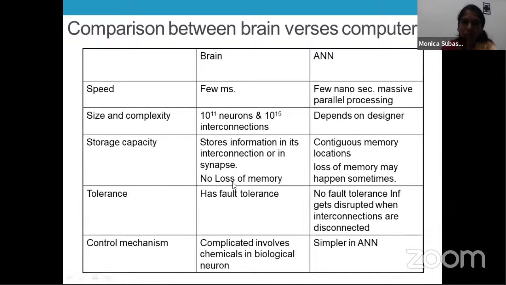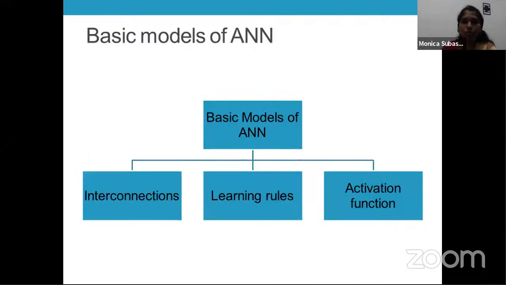As human beings, we have loss of memory, but in an artificial neural network we don't, because we save all the information. Fault tolerance: the brain has none, and it is complicated. Suppose you think too much, it will affect your entire system, but that is not going to happen in our artificial neural network. This is a comparison. Okay, let me move on to the next topic.